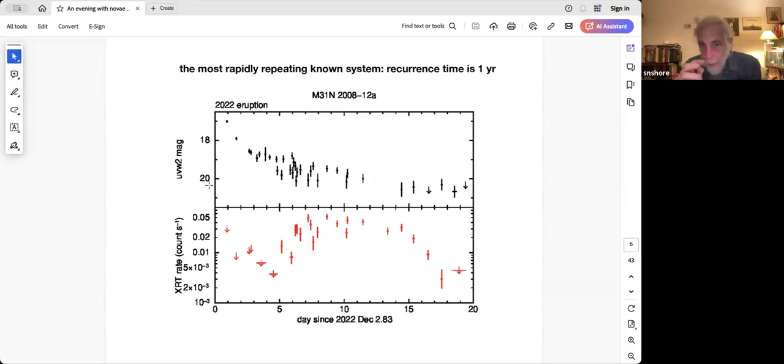So in this case, what we don't know is what happens when this gets ready to trigger again. Is it that the white dwarf is just so massive that it literally turns off instantly, blows off everything that it had accumulated, maybe even a little more, and suddenly goes back to being a normal white dwarf?